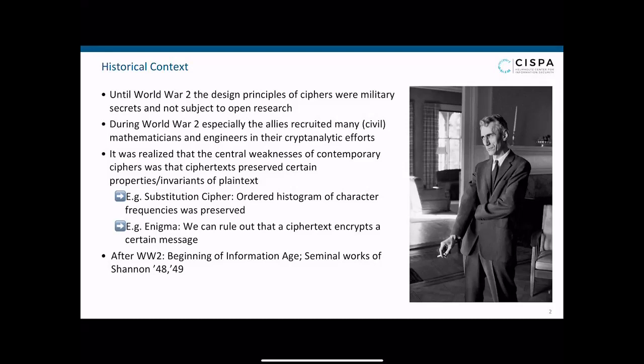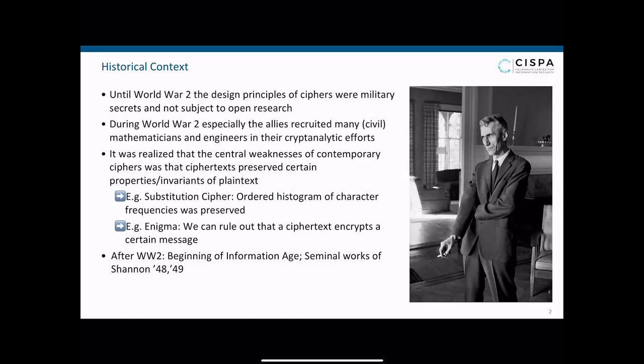Only in World War II, with the advent of computers like the Colossus on the side of the Allies, or the machines of Konrad Zuse in Germany, which didn't see any action for cryptanalytic effort, do we see computations being performed by machines rather than humans. And this is the beginning of the information age.